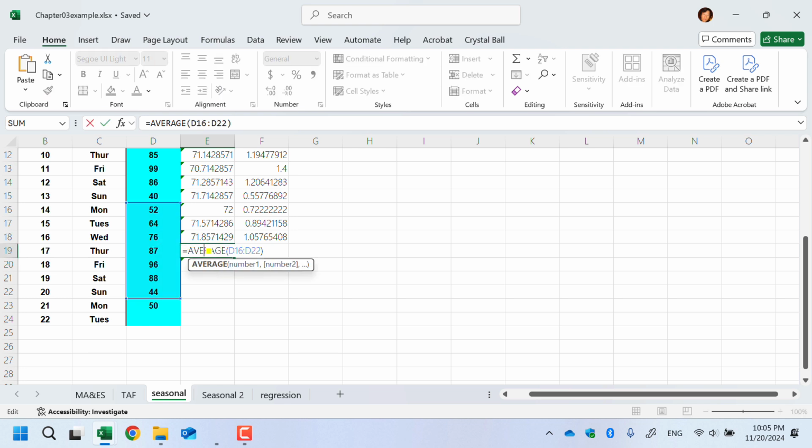Selected any number here. This is just the average of the 3 days before to the 3 days after.